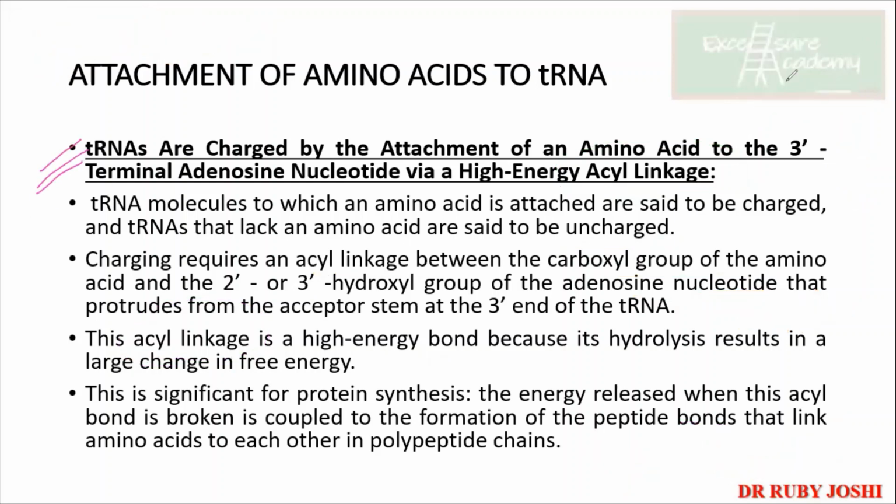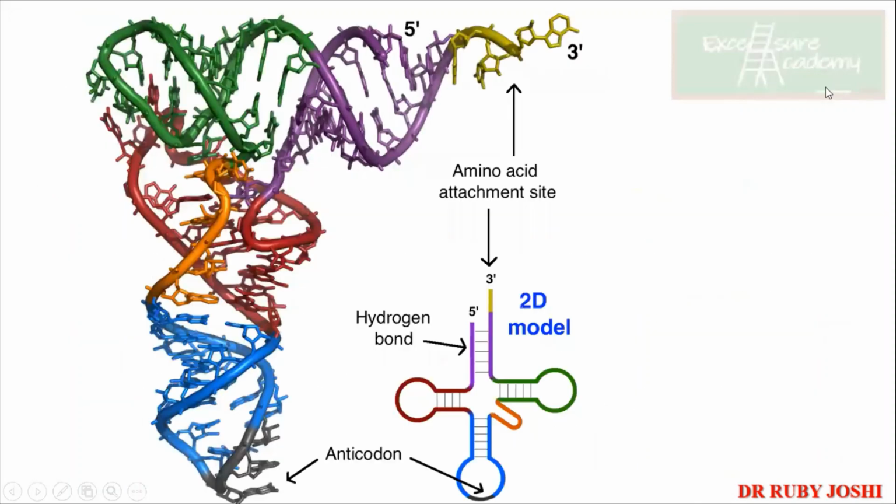We haven't discussed much here, but the next slide is important. This is just a representation showing the acceptor arm and the anticodon regions. Same thing, you can see the color coding here: the purple area, and the green, red and blue regions. So it's a 2D model to 3D model representation.